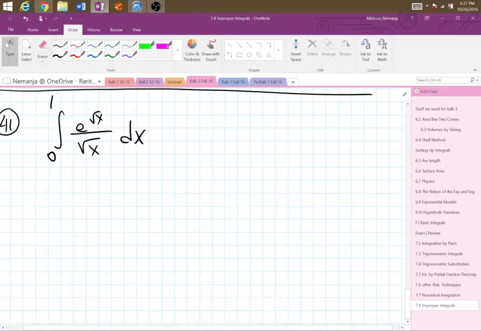Welcome to Calc 2. So now we know that because this root x is in the denominator in this current problem, when is the denominator 0? At 0. So that's the bad point. So we start the problem with limit a goes to 0, and then you do the rest.